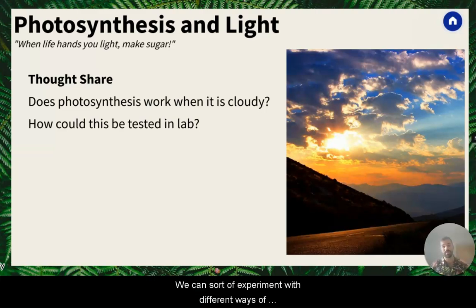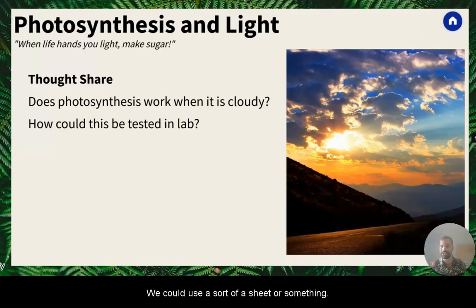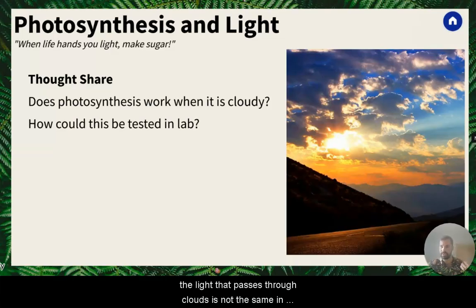We can experiment with different ways of simulating a cloudy day and how to put up some paper. We could use a sheet or something. You can simulate a further away sun, modifying that solar intensity. But also the nature of the light. The light that passes through clouds is not the same in terms of its color either.